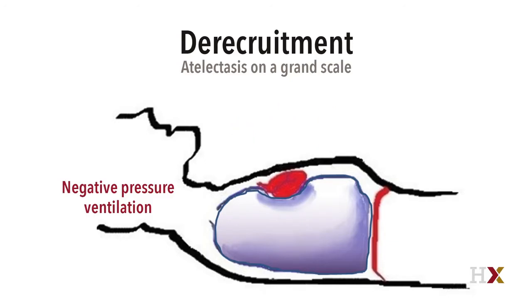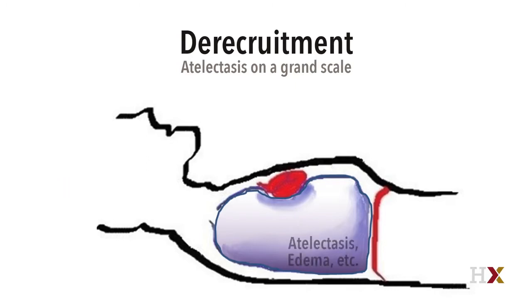We will sedate them, relax them, intubate them, put them on the ventilator, and they will profoundly derecruit. We lie them flat, and then their lungs, which are boggy and heavy with edema and infiltrates, will collapse upon themselves. It also gets worse because the heart will compress the lungs as well. The abdominal contents come up and compress the inferior portion of the lungs.